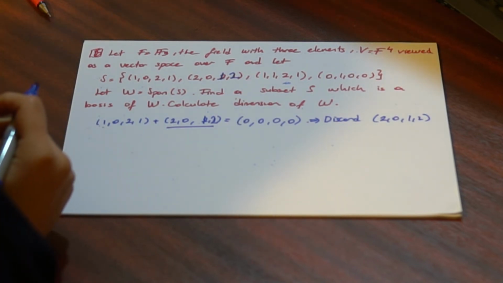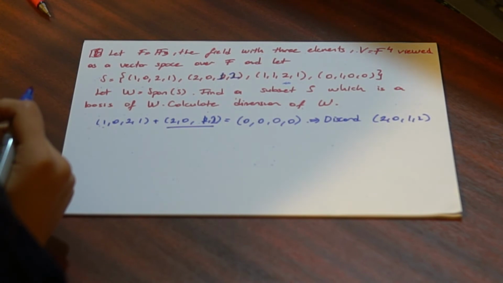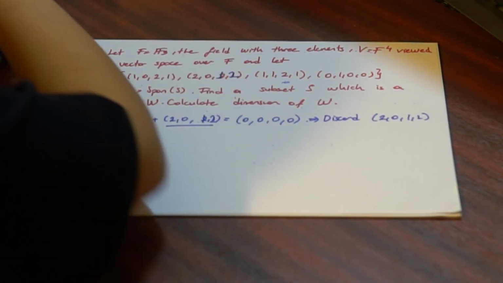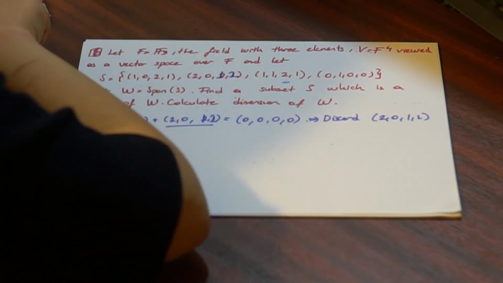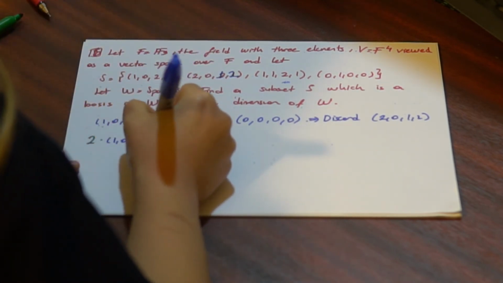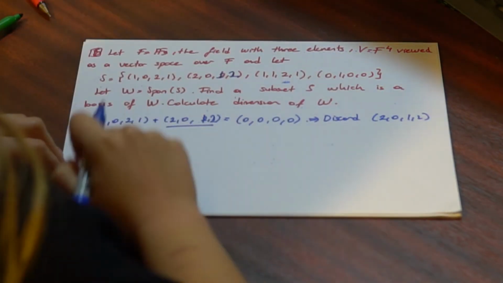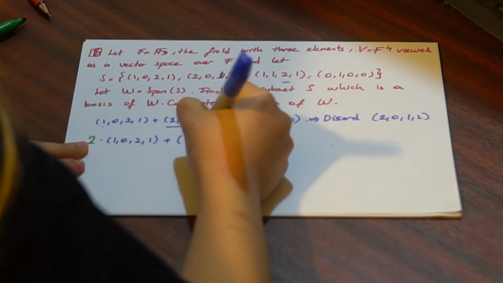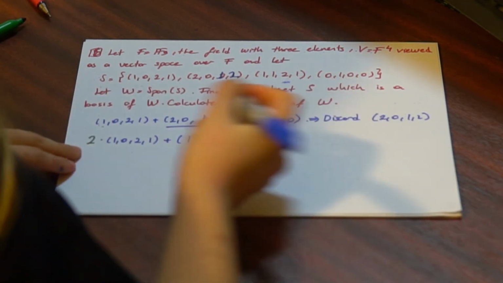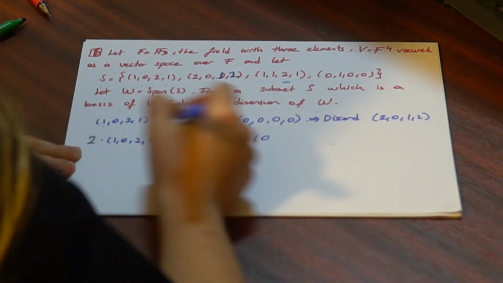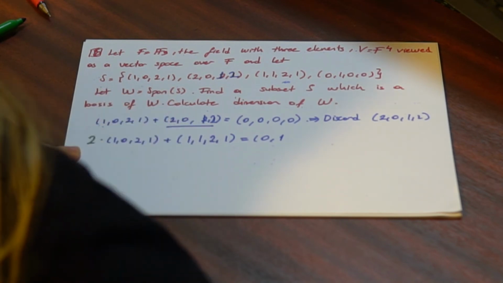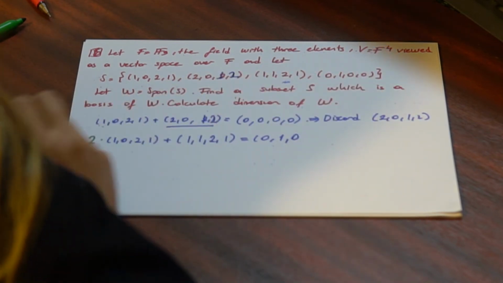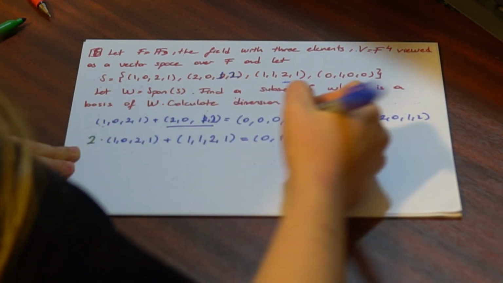Now let's look at the other ones. Let's look at 2 times 1, 0, 2, 1 plus 1, 1, 2, 1, right? And this is equal to 2 plus 1, 0 plus 1, 4 plus 2 is 6, and 6 is equal to 0, and 2 times 1 is 2, plus 1 is 0.